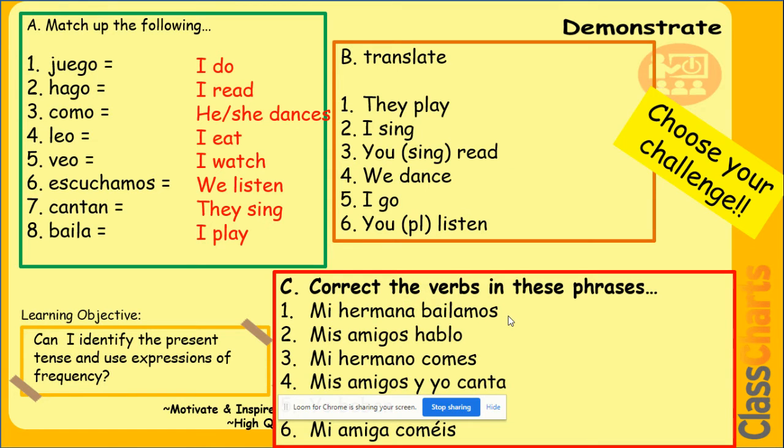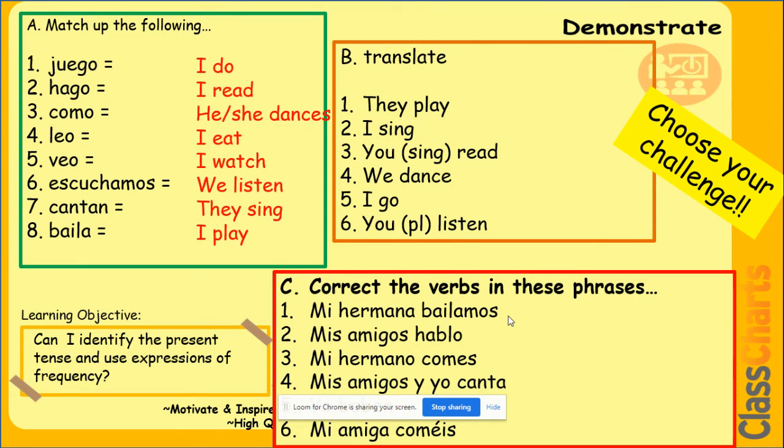I am going to give you another choice of 3 activities to do, and I want you to choose your challenge. They go on in difficulty as you move on. Activity A is the easiest one, where you just have to match up the Spanish to the English that goes next to it. Obviously, they're not in order. You have to find the right verb.